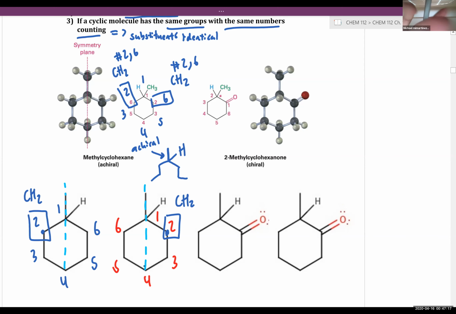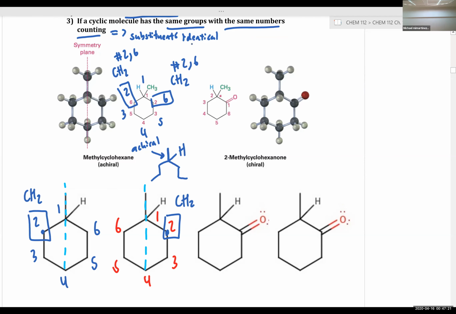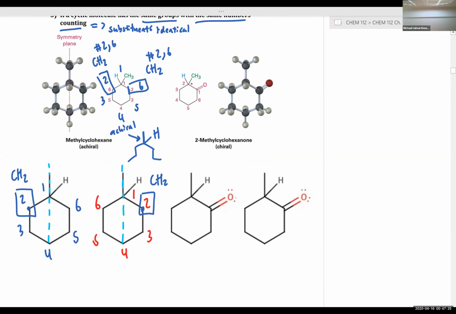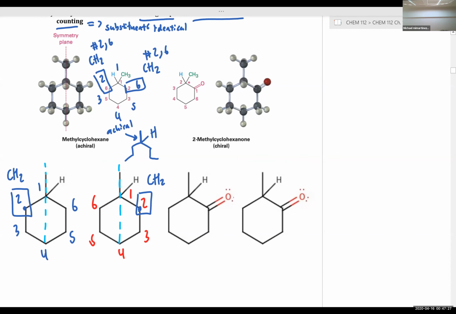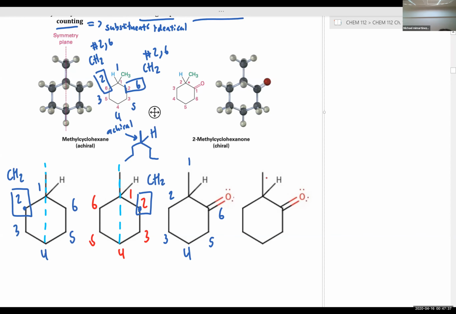Let's now look at 2-methylcyclohexanone, and let's try this counting method on 2-methylcyclohexanone. So first things first, I'm going to count. I'm going to choose counterclockwise, 1, 2, 3, 4, 5, 6. And now let's choose the clockwise method, 1, 2, 3, 4, 5, 6.